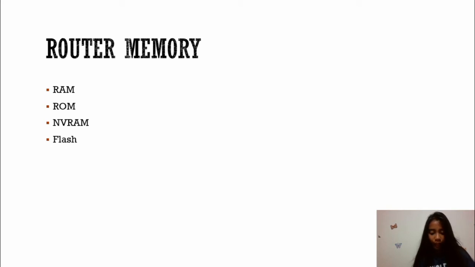For the physical layer, it is mechanical, electrical, functional and procedural. It means to activate, maintain and deactivate the physical connection for bit transmission to and from a network device.